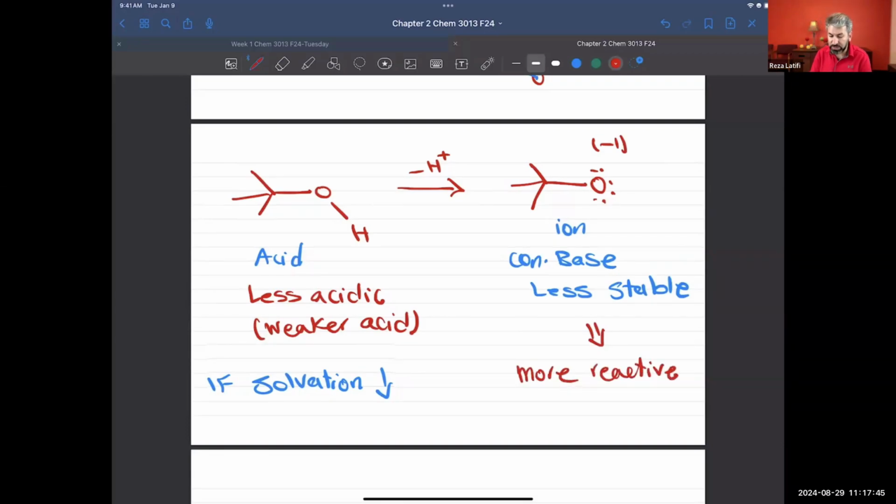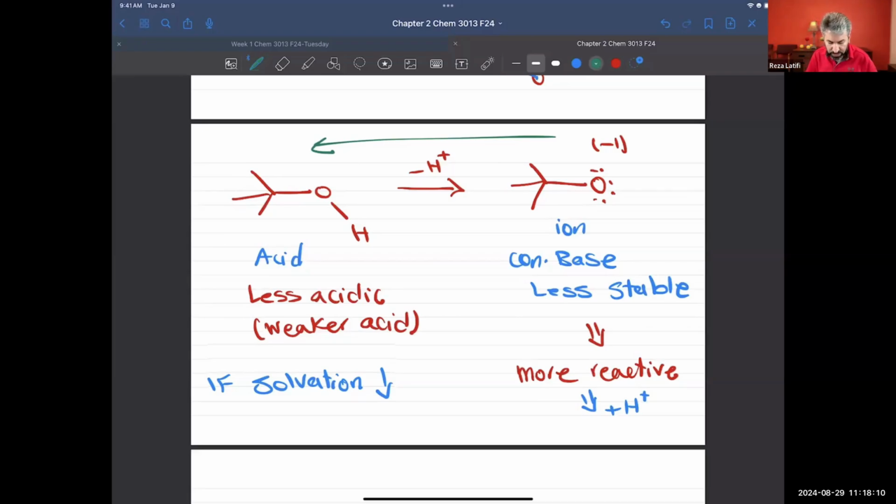More reactive means it's going to be looking for H plus, and it will turn back in this direction because it's less stable. So it's too reactive, and it will try to get H from somewhere and get back to the starting point.